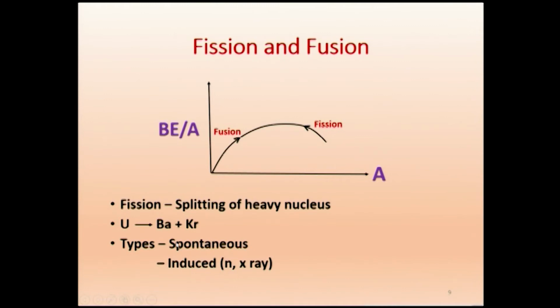So when do you get spontaneous fission? That is without giving any energy; it goes by itself. We find that in the periodic table, from hydrogen onwards, we have Z equal to 92, 93, etc. Z equal to 92 is uranium.